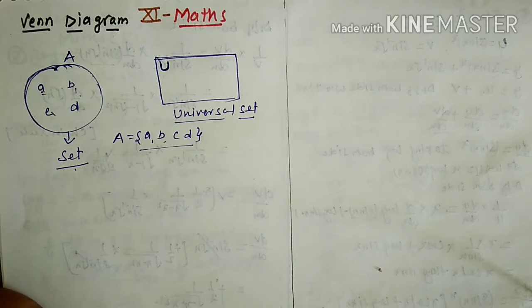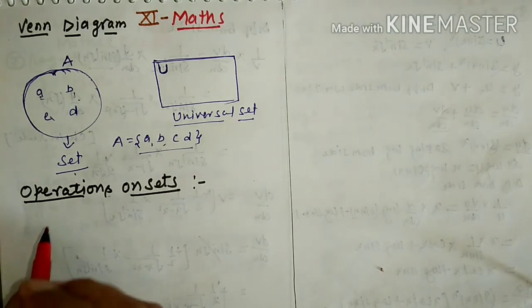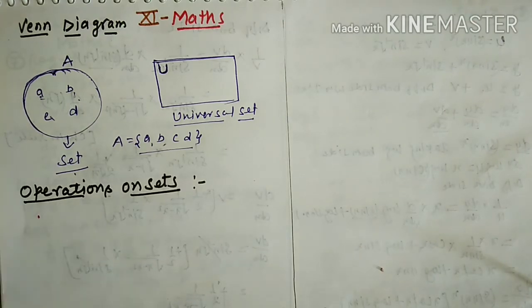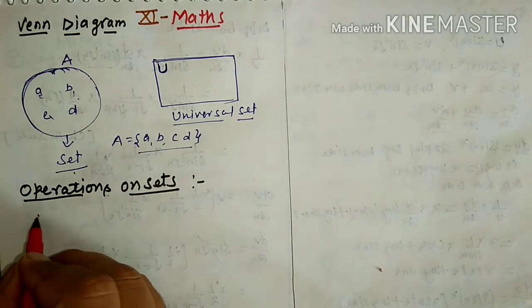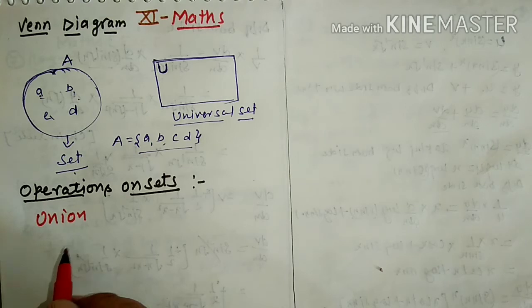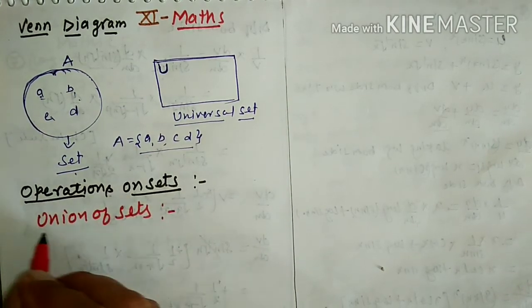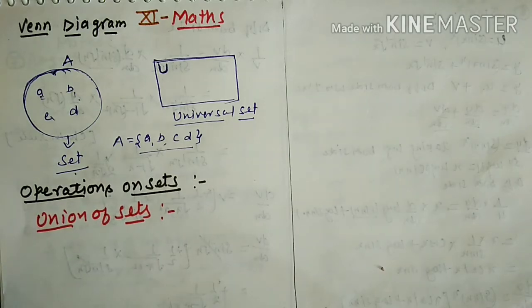Clear? Okay. Now the operations on sets. First is union of sets. Clear? Let A and B be two sets.